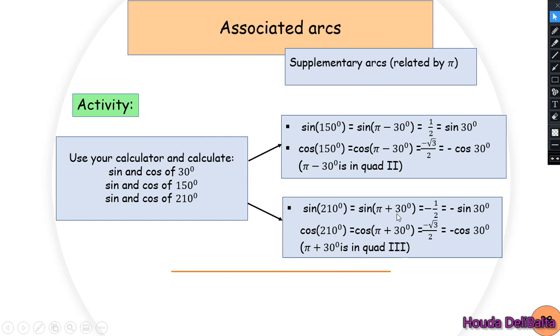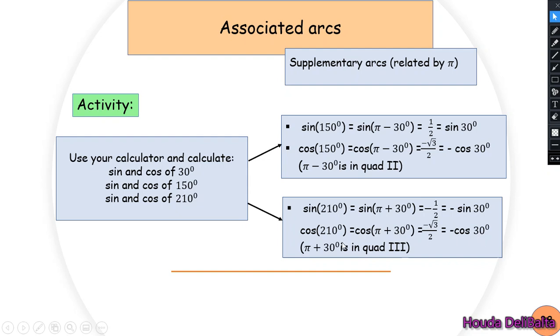And as you know, pi plus 30 is in quadrant 3. And in quadrant 3, the sine and the cosine are negative relative to the initial angle 30. So again, sine of 210 is negative sine of 30, and cosine of 210 is negative cosine of 30.